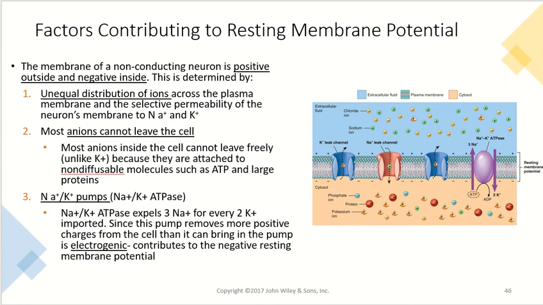And this simply means that it's going to contribute to the negative resting membrane potential. All right, so we understand how that works then. If something is removing more positive ions than it is able to bring in, it is making the membrane, or the space by that membrane, more negative. So it's electrogenic.